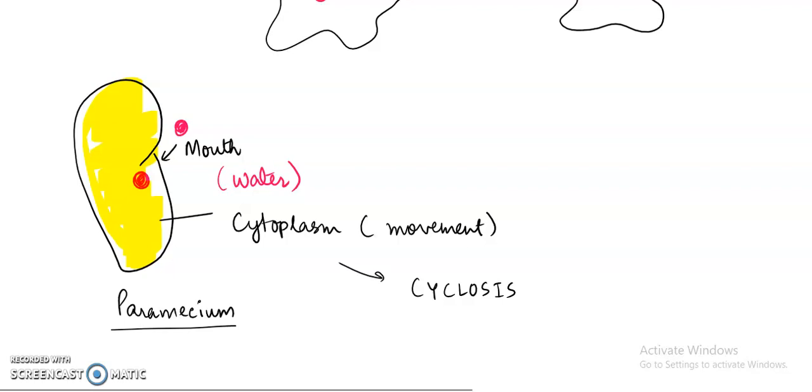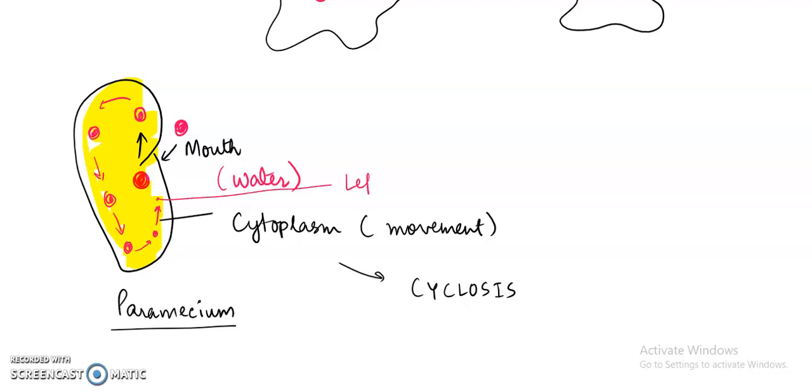Now, as the food vacuole is there and the cytoplasm is continuously moving, then what happens? The food vacuole continuously moves, and while moving, the digestion of it happens. Now, as it comes to the backward end, its size decreases, right? And ultimately, it is left with leftover material.